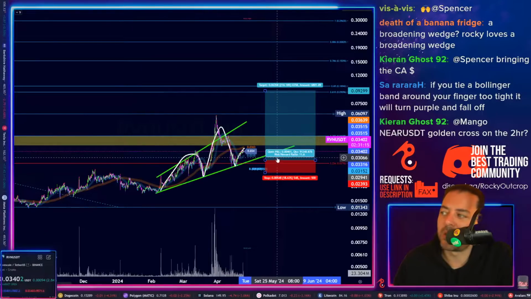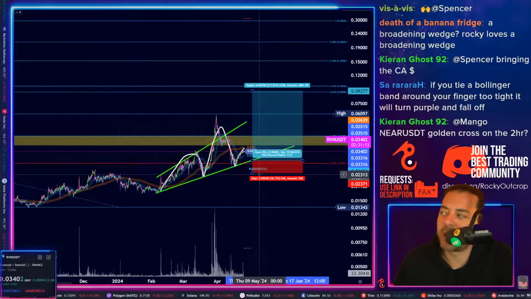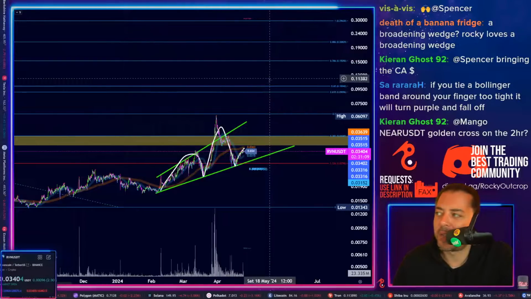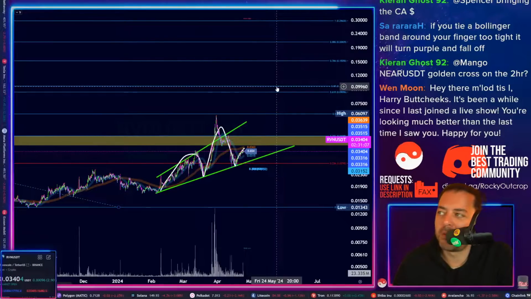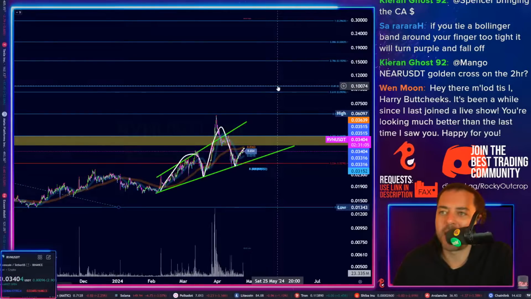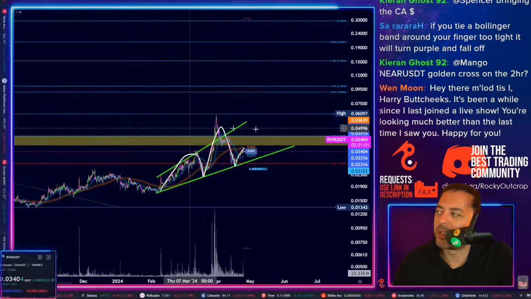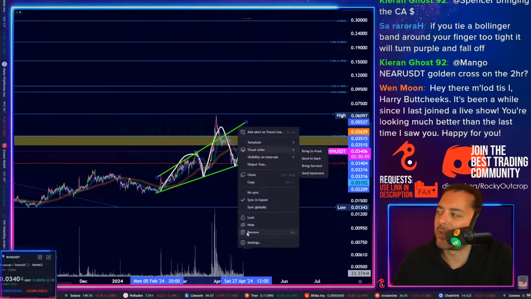So dips down towards that area, that's okay, but below 0.23, I'm not interested in the thing, and I'd be aiming up towards 0.10, 10 cents. That's the target on that one. Staying positive on this and being aware of that trend.